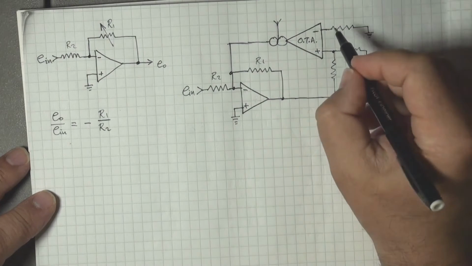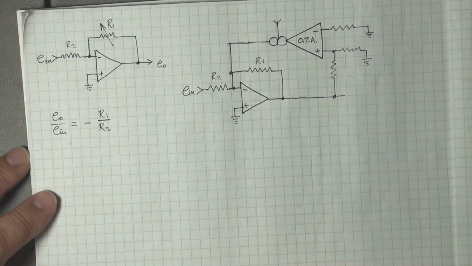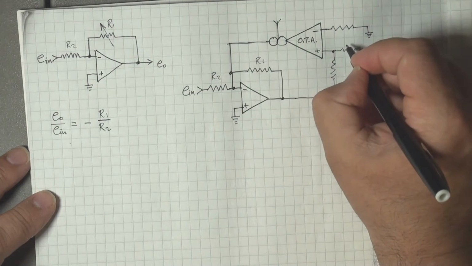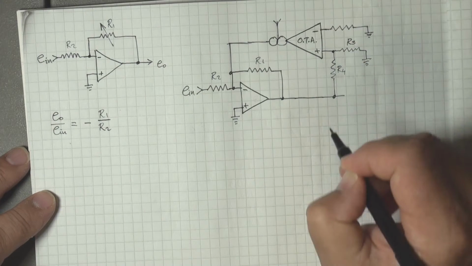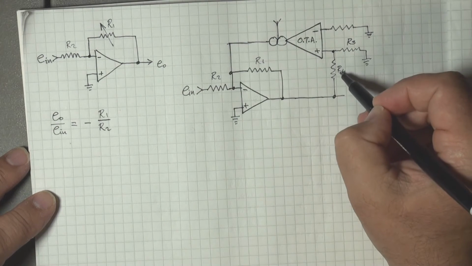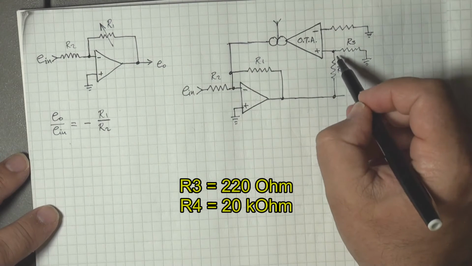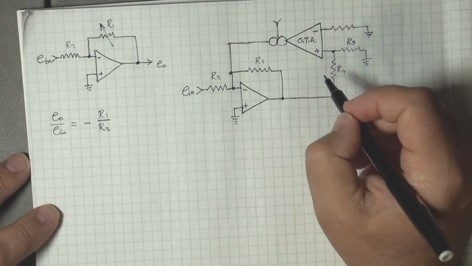So this one is the value of the parallel of those. So let's call this R3, R4. Usually R3 is much smaller than R4, so you're stepping down, you're knocking down the output quite a bit to feed it into the OTA.